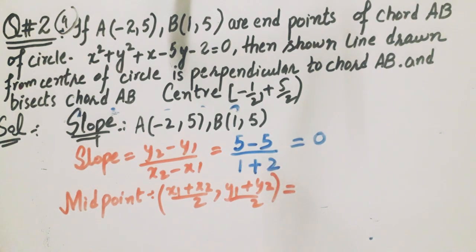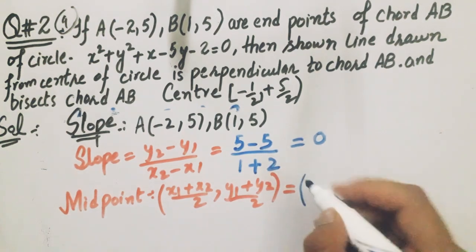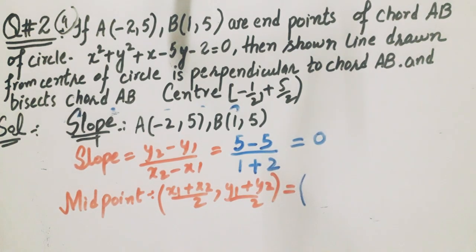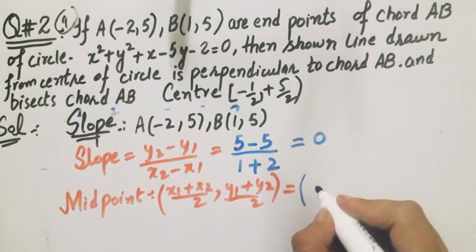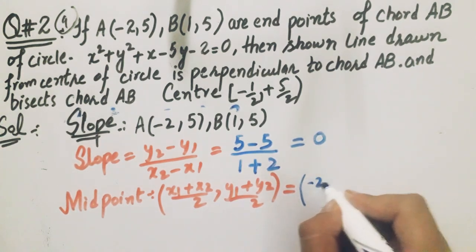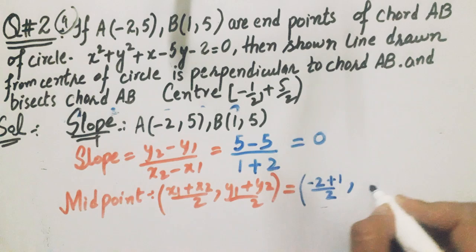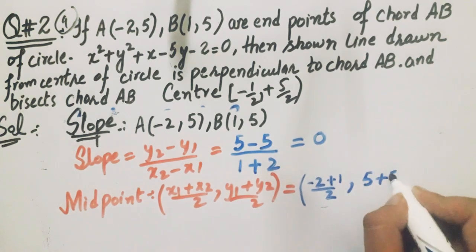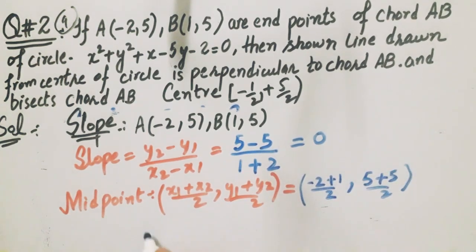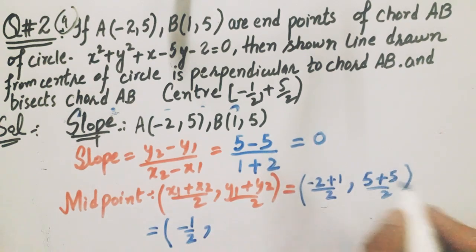So this will be equal to minus 2 plus 1 divided by 2, and 5 plus 5 divided by 2. So the midpoints are equal to minus 1 by 2 and 10 by 2 is 5. So midpoint will be equal to minus 1 by 2 and 5.